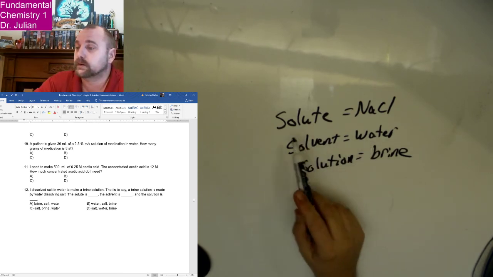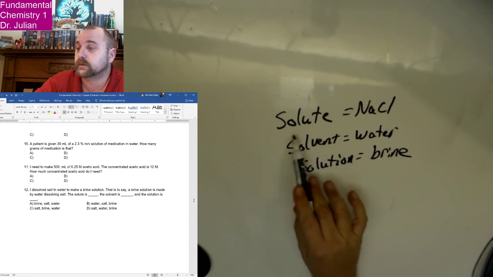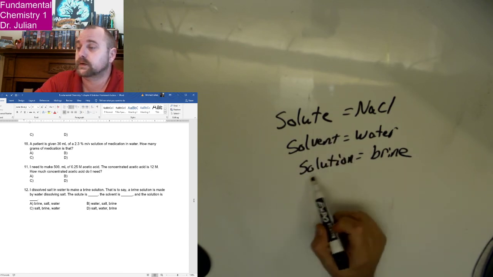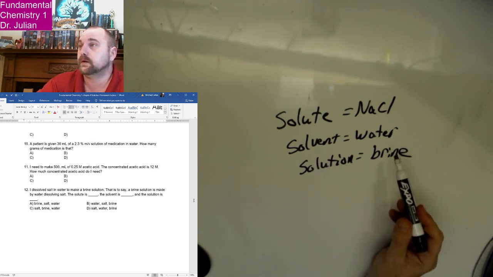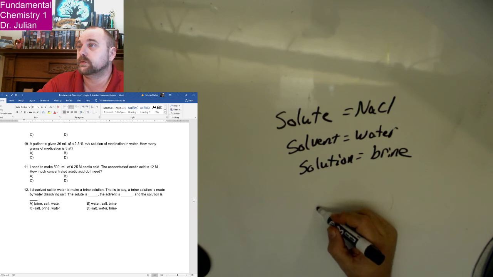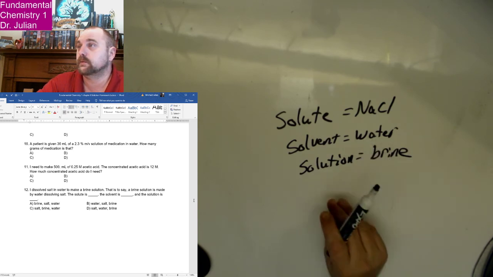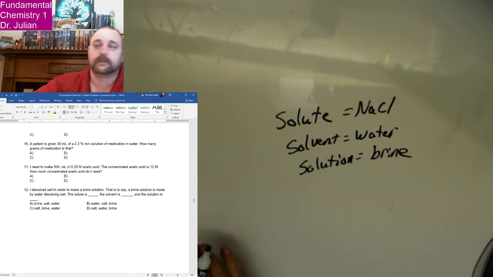What's dissolved is the solute, what does the dissolving is the solvent, and all together we call it brine. So in order it would be salt, then water, then brine. D. That's an interesting one.